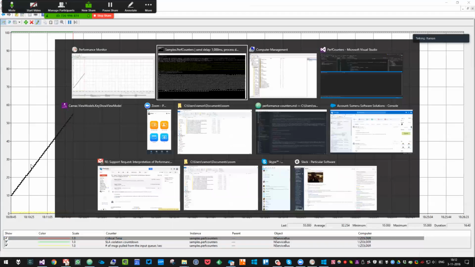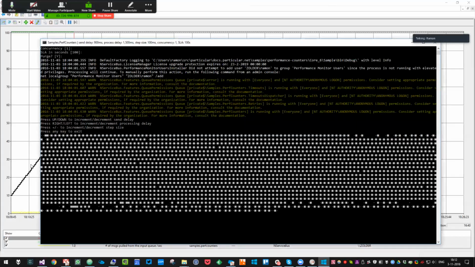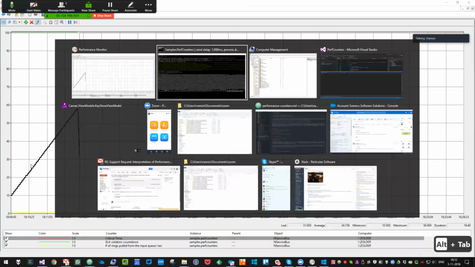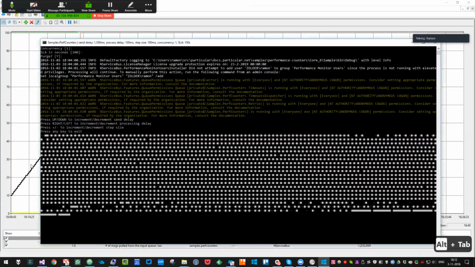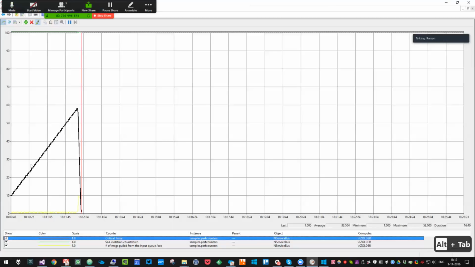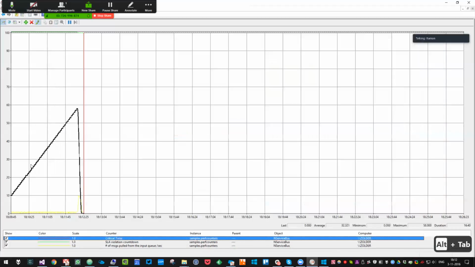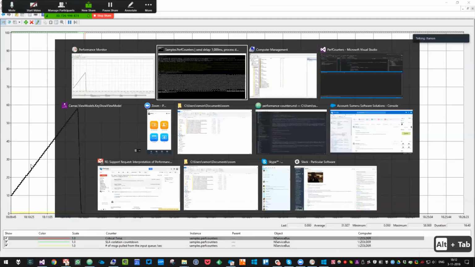So to demonstrate that, we can first go back to this. Right, so now currently we can see that we are sending one message each second, and that processing is fast enough.